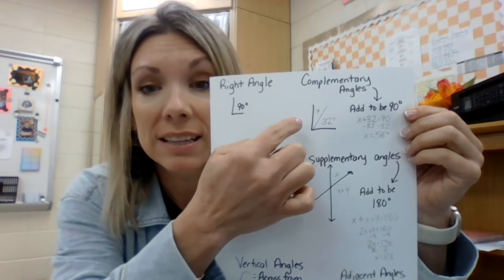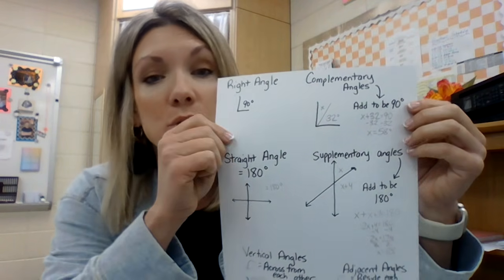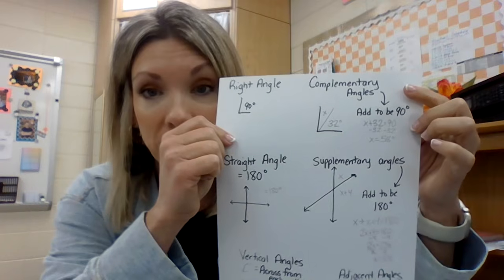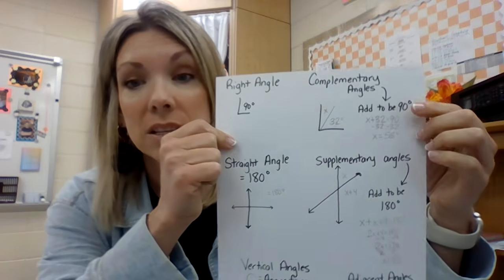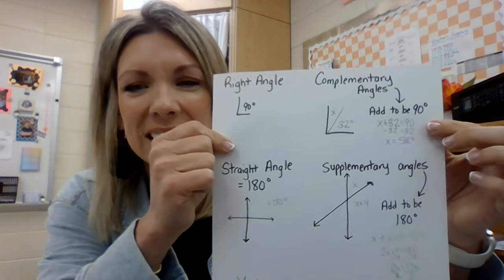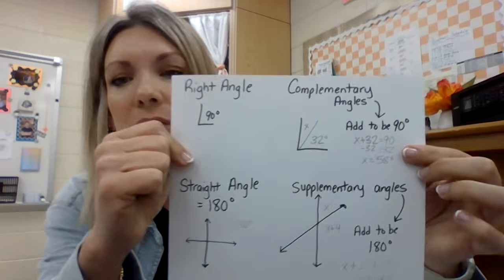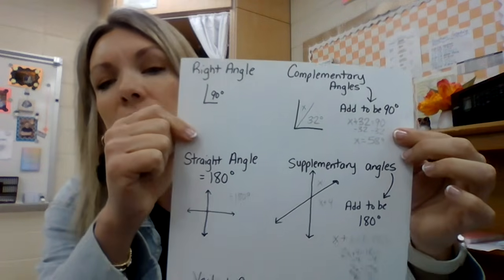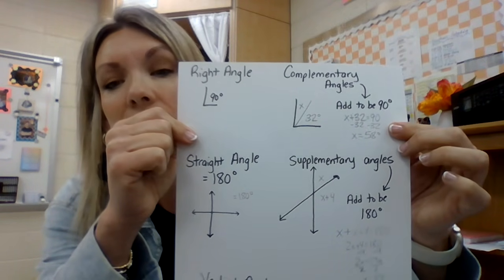When two things add up together to give you a 90-degree angle, those are called complementary. Complementary is when they add up to be 90 degrees. So if you can see right here, we've got x plus 32 equals 90. I don't know if you can see that good. And then you solve like normal, and you solve for x. X is worth 58 degrees.